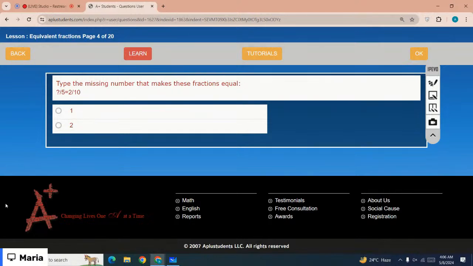That is 1 over 5 equals 2 over 10. The correct option is 1. 1 is missing.